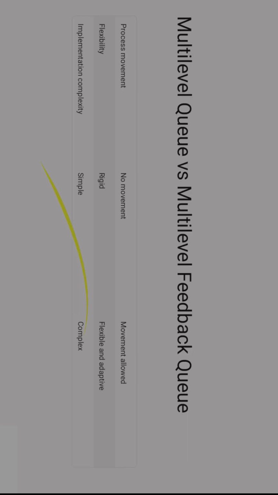Now let's do a quick comparison of MLQ and MLFQ. On the leftmost corner there are the features, in the middle there is multi-level queue, that is MLQ, and in the rightmost corner there is multi-level feedback queue, that is MLFQ. First, process movement.